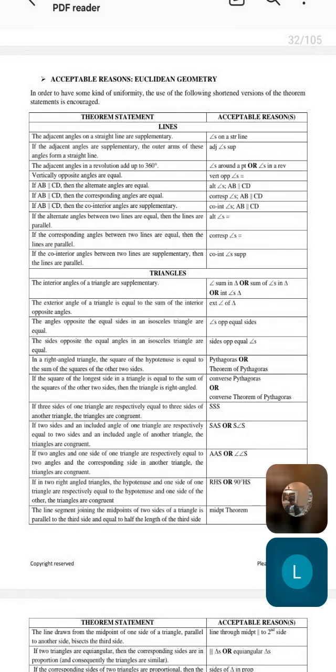Do you see all of these acceptable reasons on the right column? That is the short form that they would like you to use whenever you write your reasons. If you can use that, then you should be good.